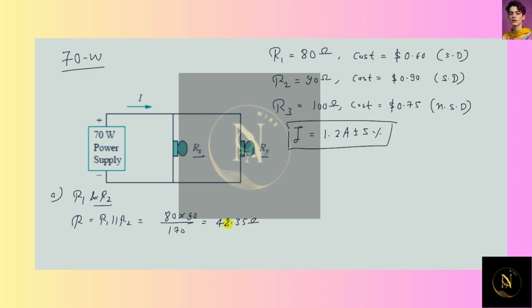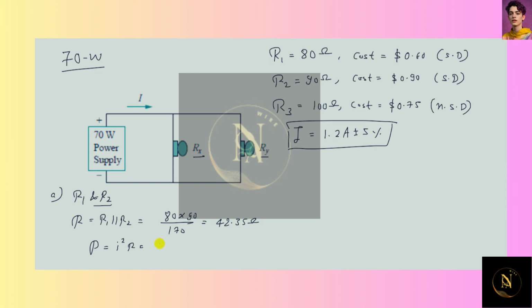which equals 42.35 ohm. Now power, P is equal to I squared multiplied by R, and this should be 70 watt.